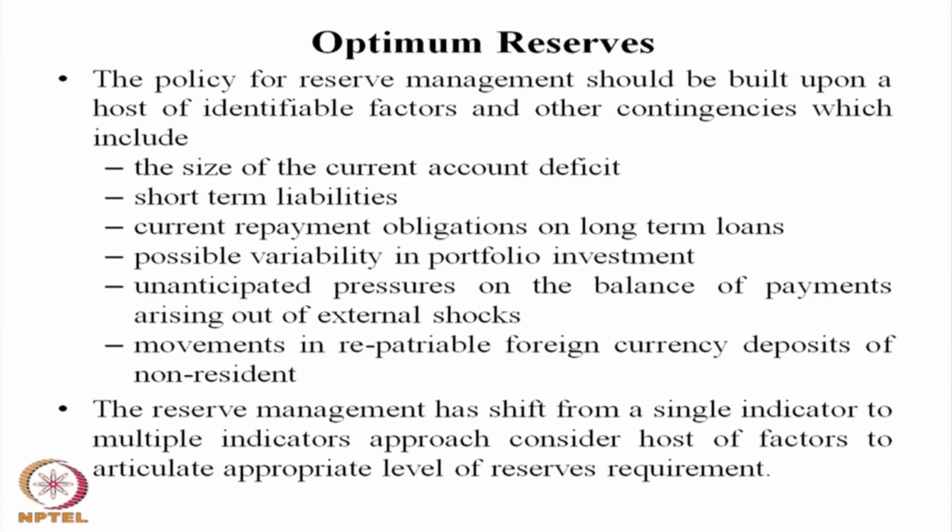So, reserve management needs to shift from a single indicator to multiple indicators, because it is not only how much foreign exchange reserve there is and how many months of imports we can cover with it. That is not the only criterion for deciding the foreign exchange reserve.